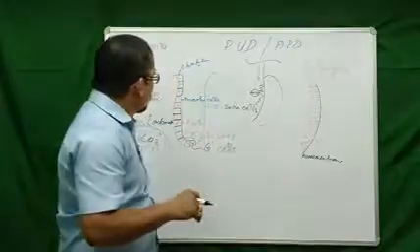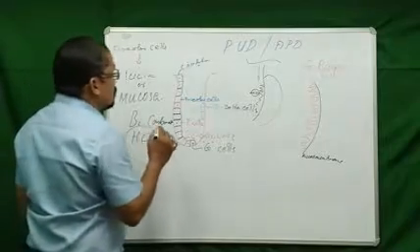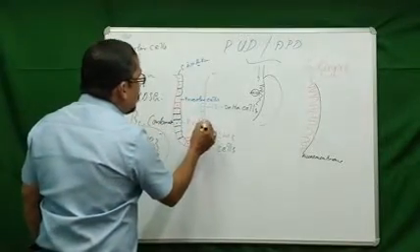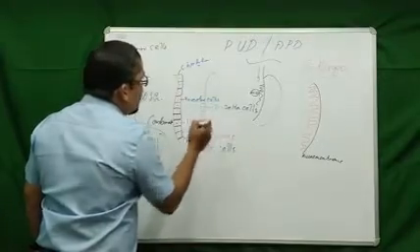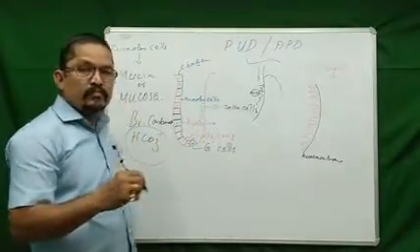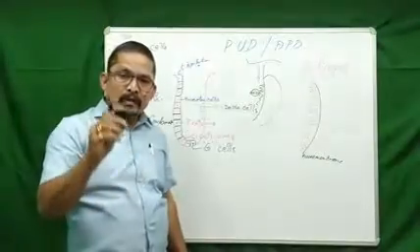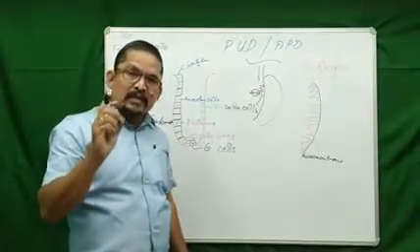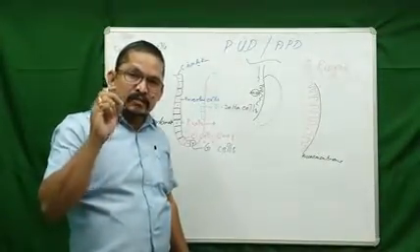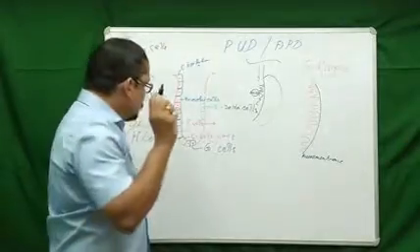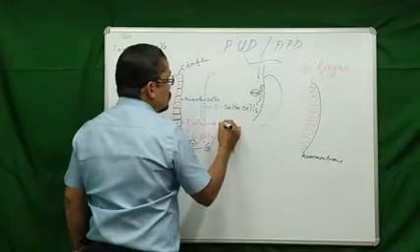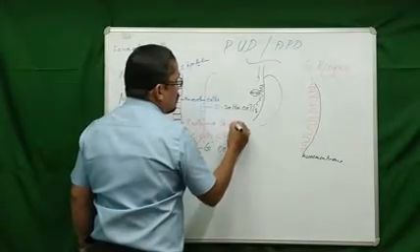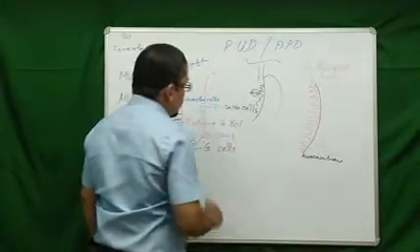Okay. Next, about the P cells or parietal cells. These P cells are responsible for the main function of synthesis of gastric hydrochloric acid.